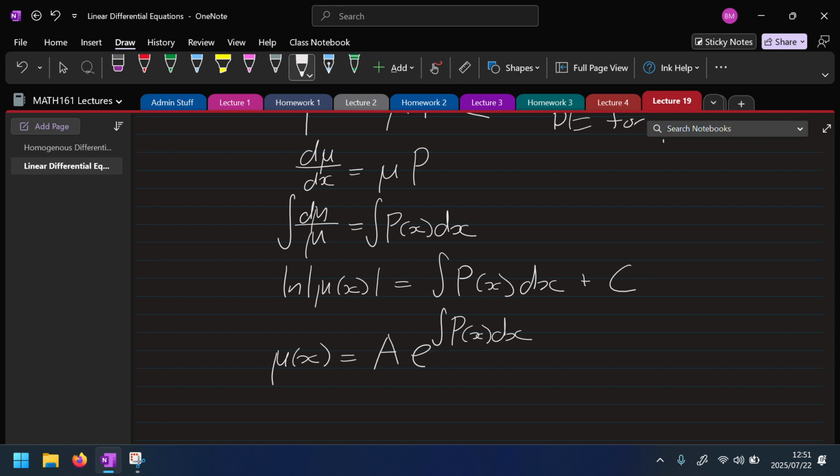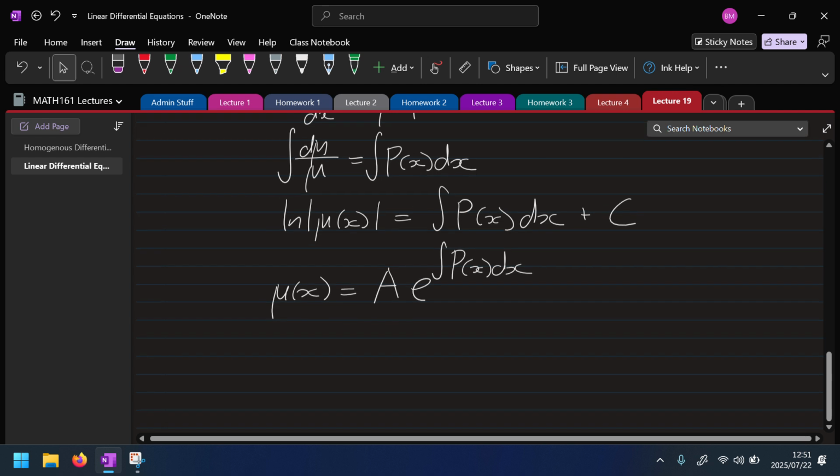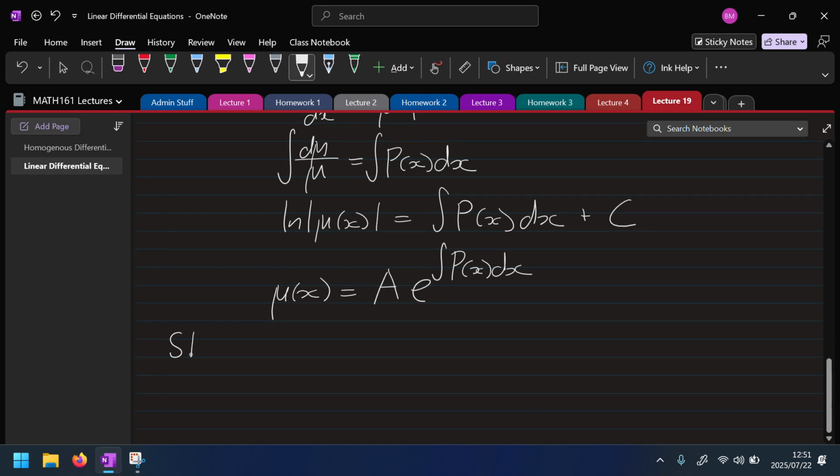Now for step 2, we need to show that given this integrating factor, we can solve the differential equation. So step 1 is done. We have the integrating factor.